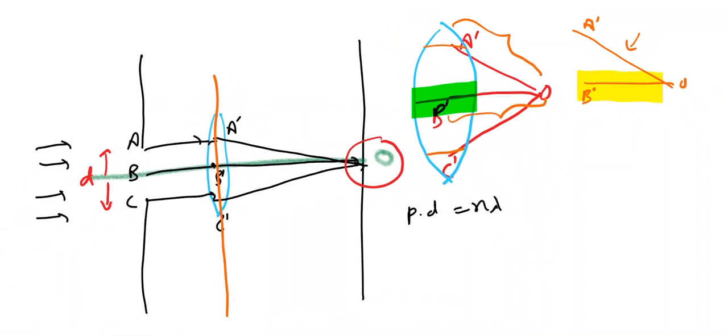So what happens to the central point in the diffraction pattern of a single slit? Answer: the central point is always bright because there is no optical path difference between the waves reaching the center. Okay, so that was the topic. Thank you.